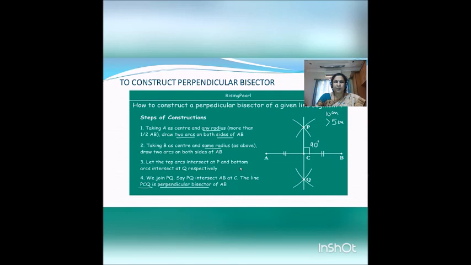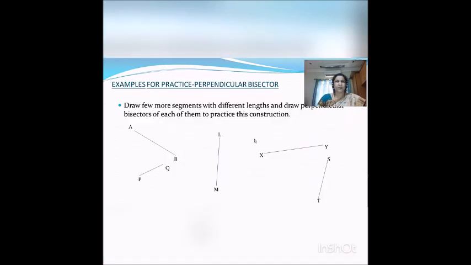So this way we can draw the perpendicular bisector of a given line segment. Friends, you can practice this construction using these type of segments. You need not always draw a horizontal segment. You can draw slightly slanting segments like this, and practice drawing perpendicular bisectors of them.